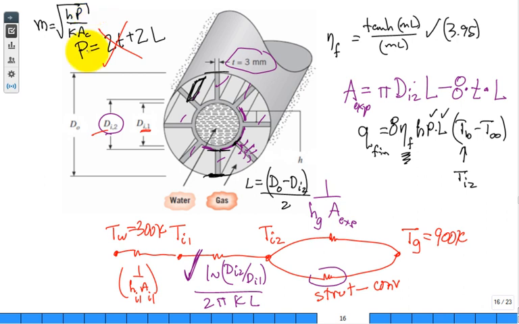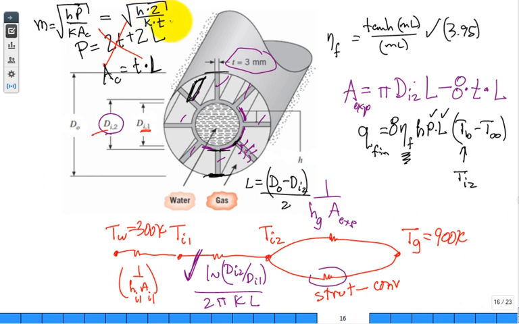We just said that the perimeter is 2L. The conduction area for a fin going out is going to be thickness times L. So when I do the fin parameter, you get the square root of h times 2 divided by thermal conductivity of the fin times the thickness.